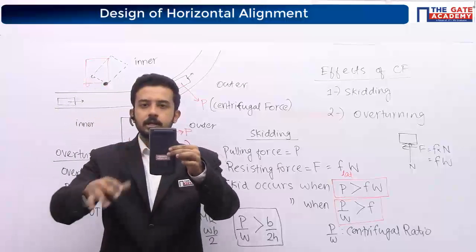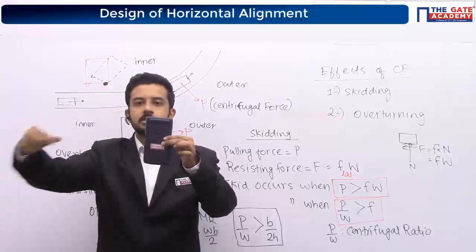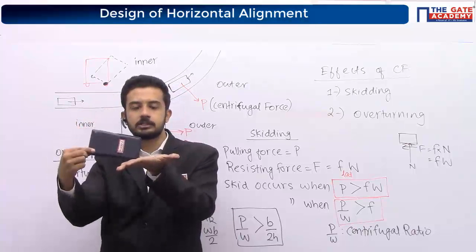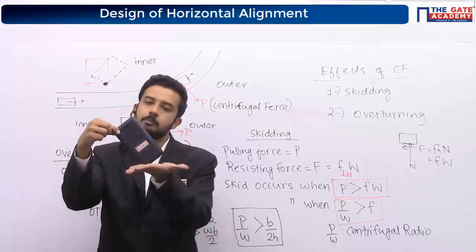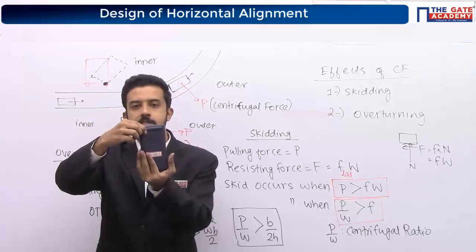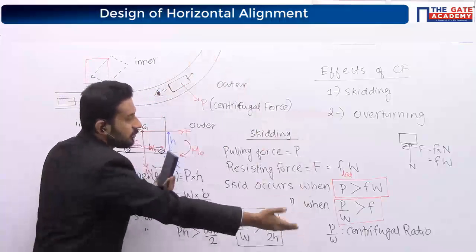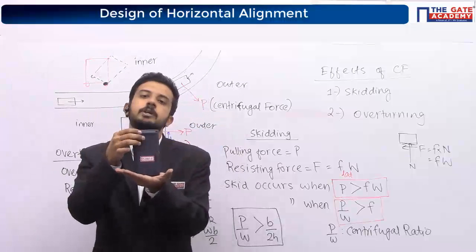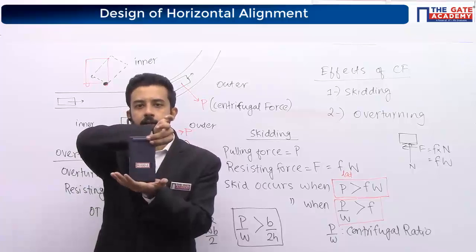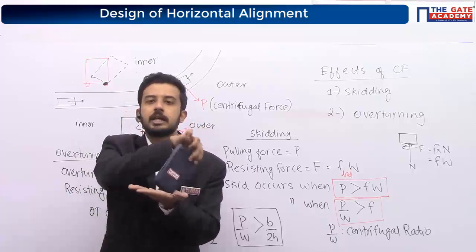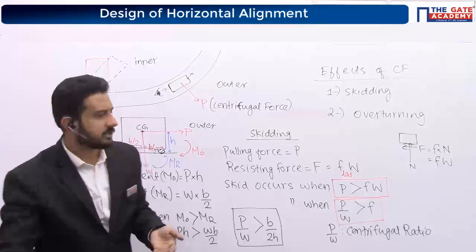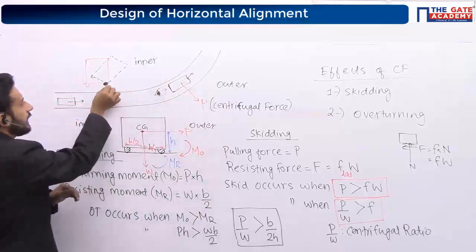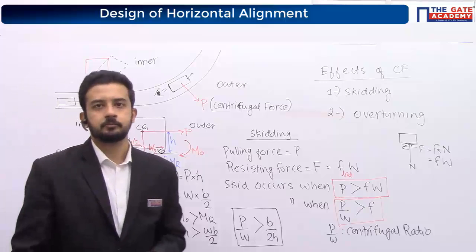If the moment is towards this side, how will this vehicle move? It will move like this only, na? Then it will be about the right tire only, because the centrifugal force is acting towards the outer side of the curve. It is not acting on the inner side. If there was a force towards the inner side, then it would turn about the inner tire also. But our centrifugal force is acting towards the outer side, so it will be turning about the outer tire only.